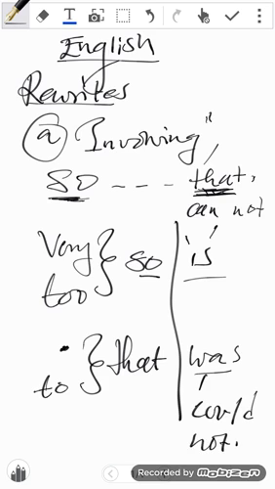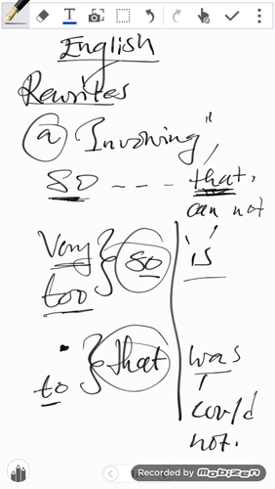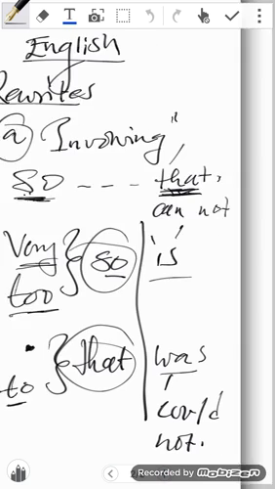Are we clear? Alright. So remember, if you see very or to, make sure you involve so. If you see a full stop or the other two, make sure you involve that. But remember that so always goes with that.